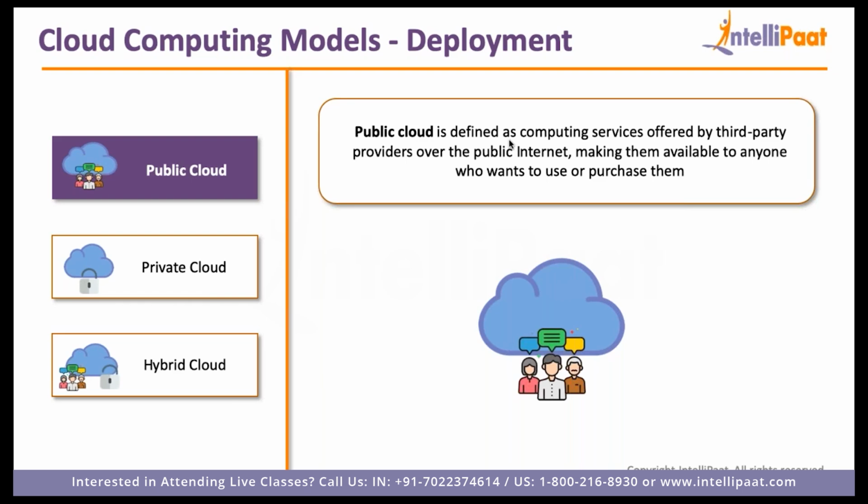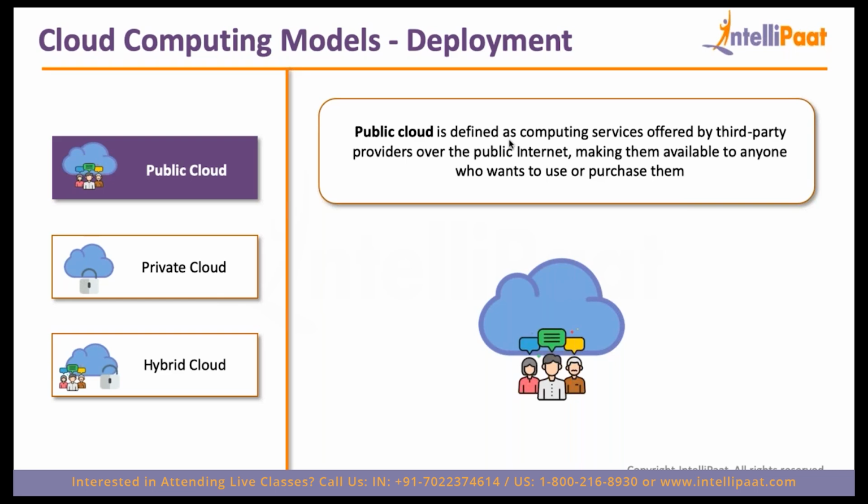Assume even Netflix, a very big company operating in the public domain. If they're running their Netflix application on AWS, they do not want their hardware to be shared with anyone else.